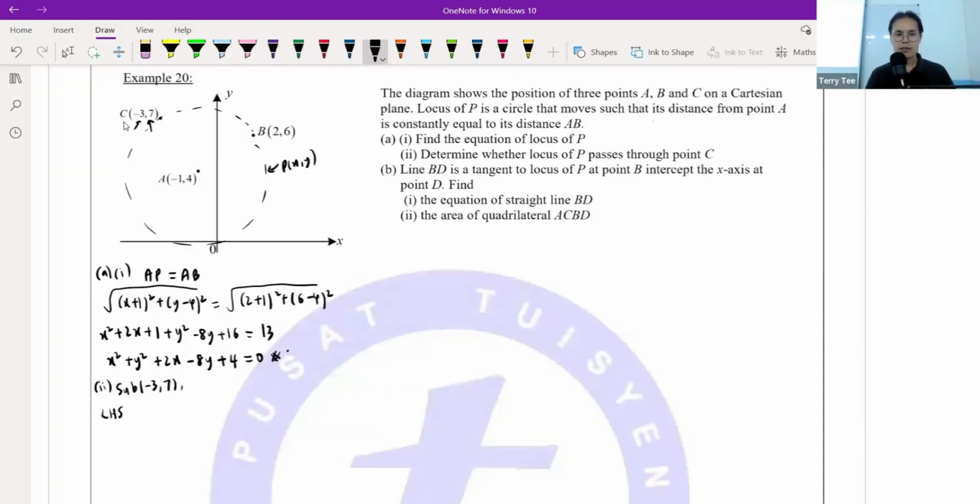All right, here LHS, LHS stands for left-hand side. So negative 3 squared plus 7 squared plus 2 times negative 3, minus 8 times 7, plus 4. This will be 9 plus 49 minus 6 minus 56 plus 4. You can actually count using your calculator directly.